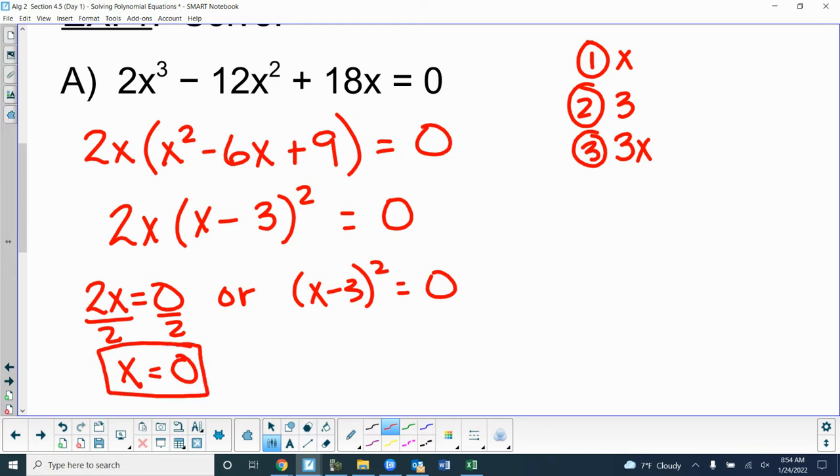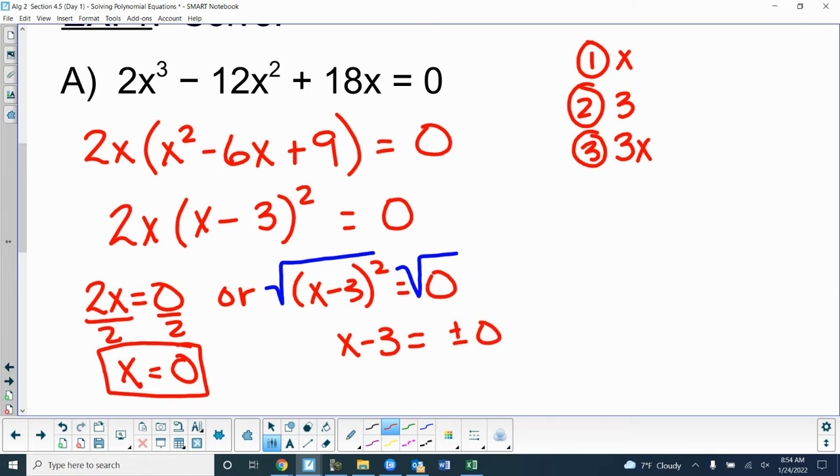All right. Here, what do I do to get rid of that square? Square root it, right? So, what's the square root of x minus 3 squared? What's the square root of 0? 0. What symbol are we supposed to put in front? Is that going to make a difference, though, when it's 0?